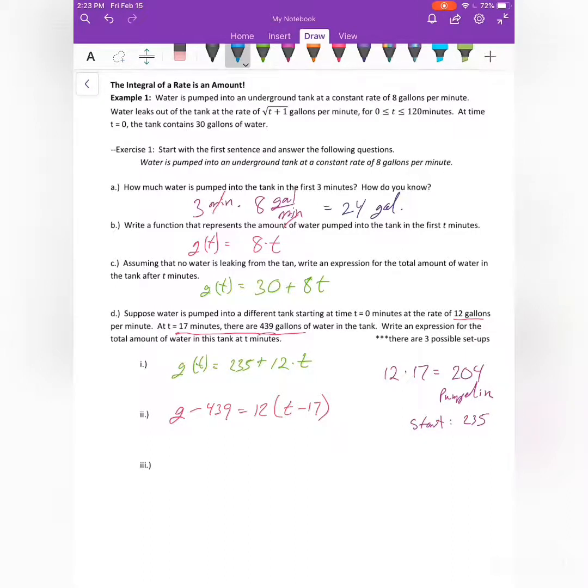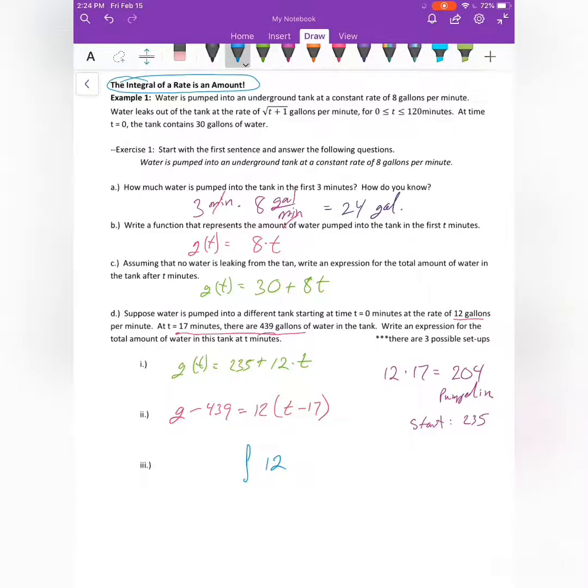So one thing I want to highlight at the top of this page, it says integrate a rate and you get an amount. So let's focus there first. If you integrate the rate, 12, it's a constant rate, you actually get how much water is being pumped in. So you need a starting time.